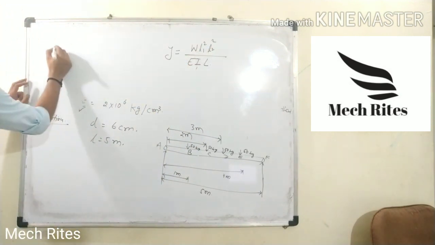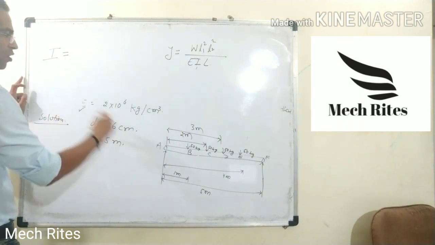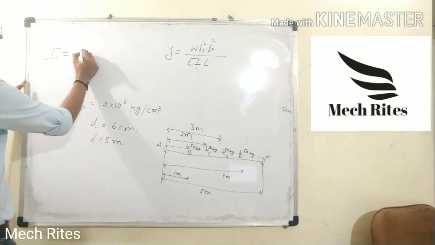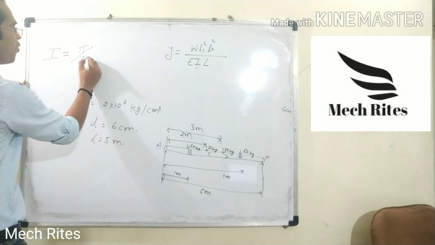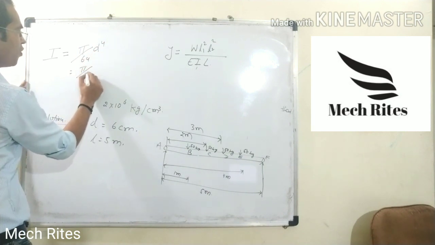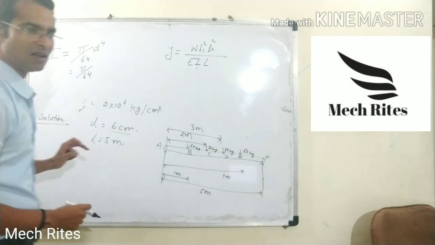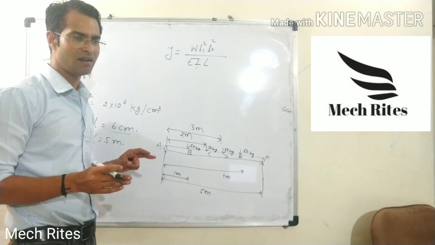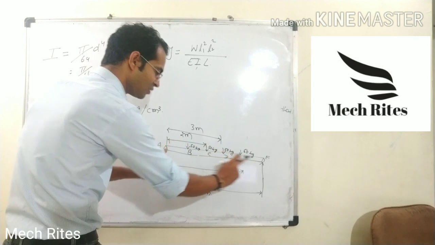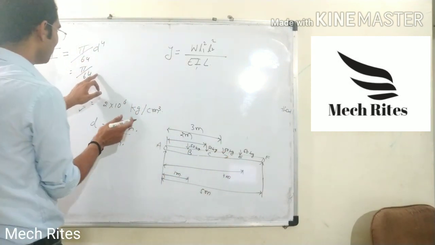So first of all, I will solve for I. I, the moment of inertia for a circular shaft, formula is pi by 64 d to the power 4. The diameter is given here as 6 centimeter. So I will take the whole system either in centimeter or in meter.